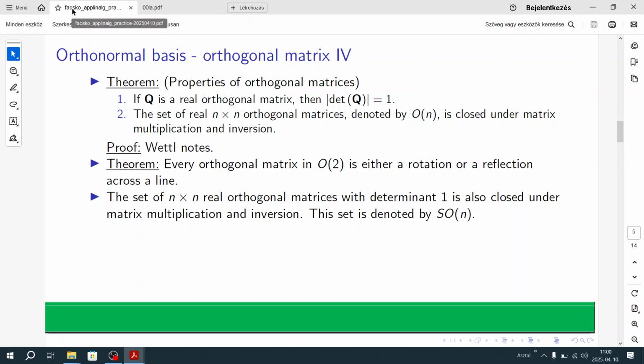The inversion of an orthogonal matrix also gives an orthogonal matrix. So this set is closed. We have a set which is closed.